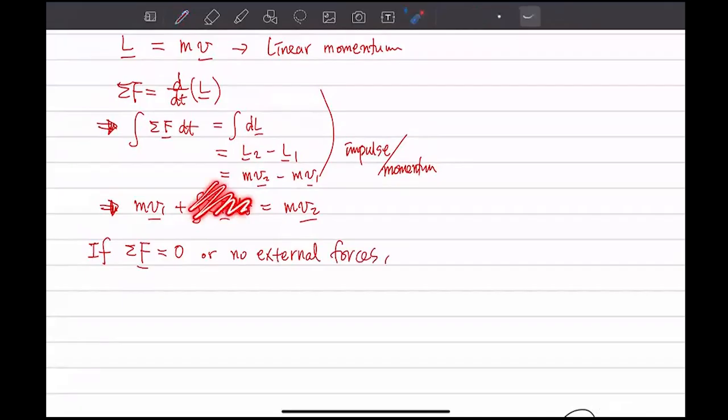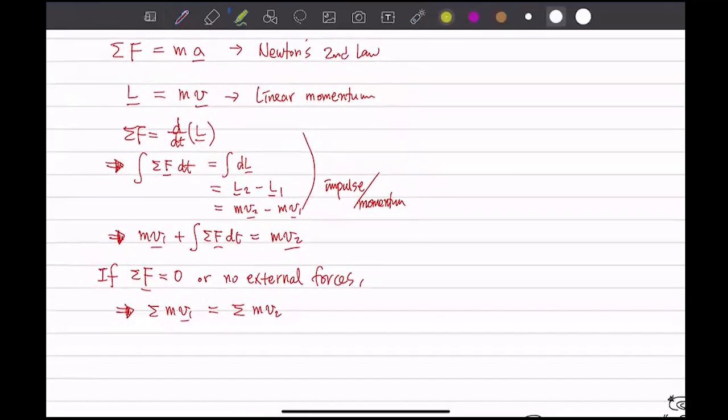This guy just goes away, right? So we talked about the conservation of momentum, mv1 equals mv2. If there were even multiple particles, that's the same, right? So these are actually all we kind of learned, this and that.